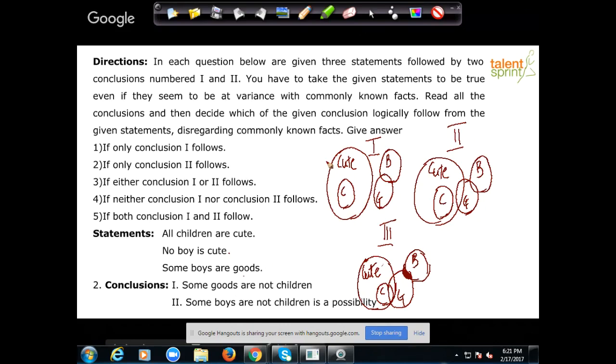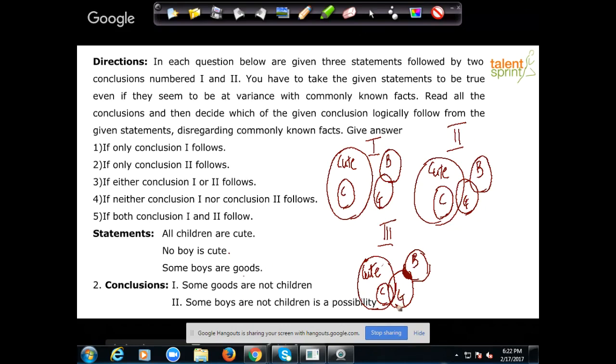Okay, so what I'll do is I will once again explain both the conclusions. Now, some goods are not children. We know that goods and children do not share anything common in diagram 1 or 2. Therefore, let's come directly to diagram 3, situation 3, possibility 3, where goods and children share something in common.